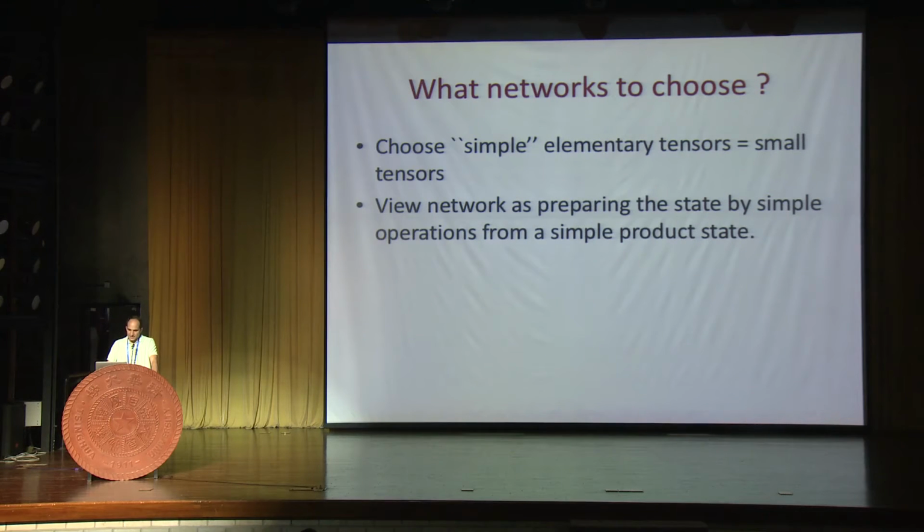And if you do this, then you can define the complexity to be the number of simple gates that you need to prepare a state. It's reasonable to define complexity this way because a state which is a product state is very simple, and the more gates you need to use, the harder it is to actually do it, so the more complex the state will be.